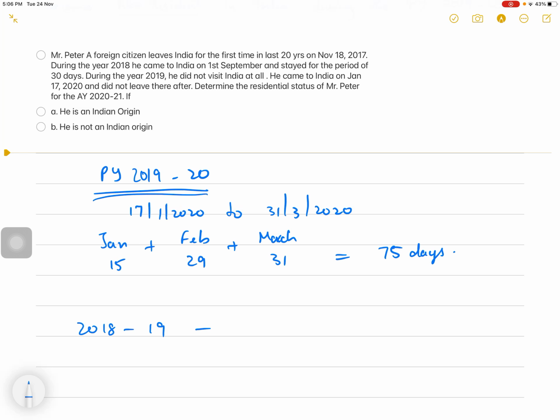During the year 2018, he came to India on 1st September and stayed here for a period of 30 days. Okay. So in 2018-19, I assume he has come on 1st September, right? So that means during the previous year 2018-19, he was there for 30 days.